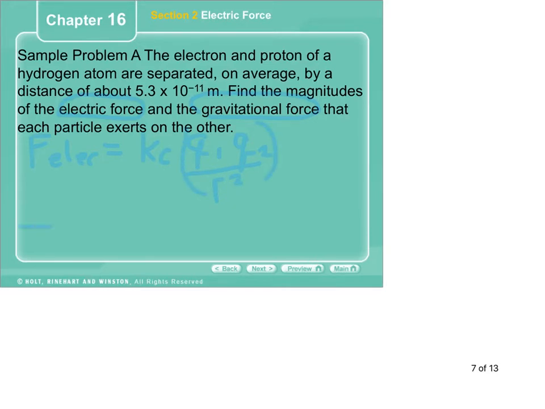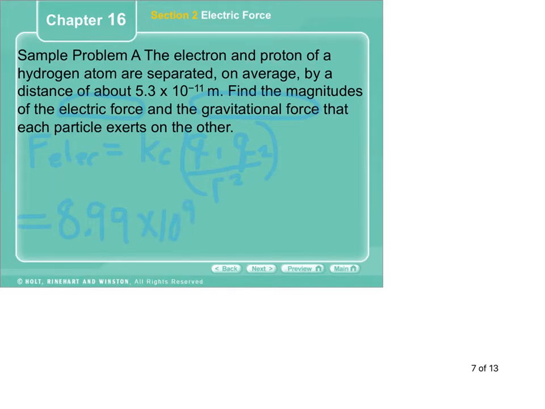So Kc is equal to, I'm just going to use 3 digits here, 8.99 times 10 to the 9th.